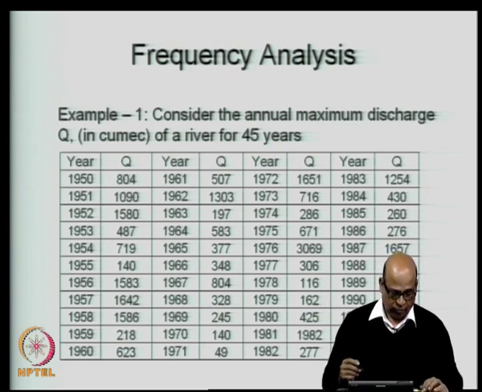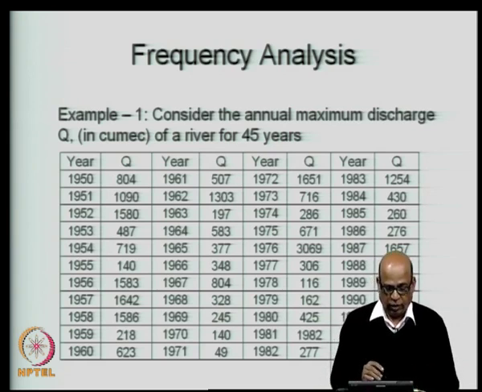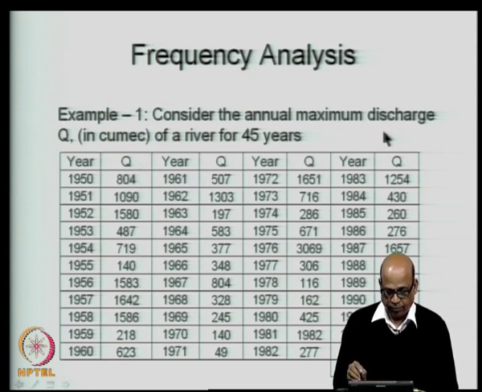Let us say, to drive home that point, we will take annual maximum discharge for 45 years. So, from 1950 to 1994, 45 years are there, and the Q that we are indicating here is the maximum discharge.